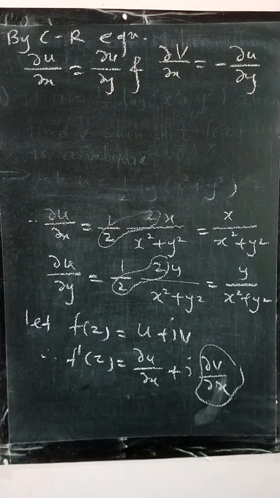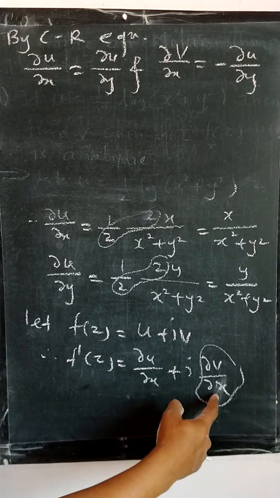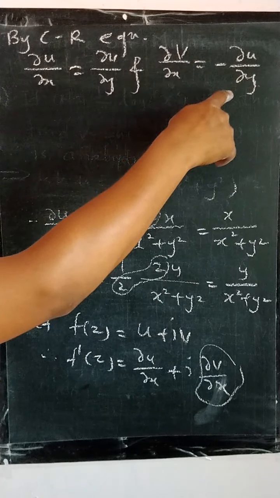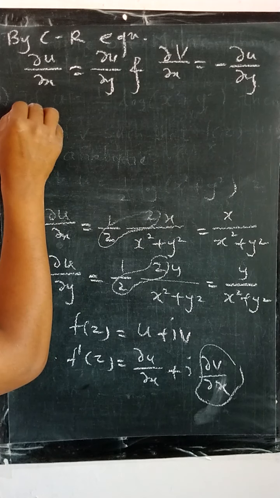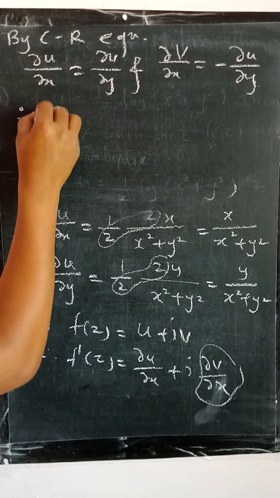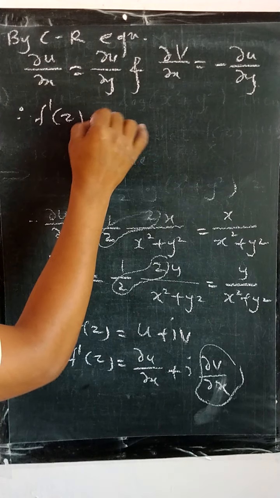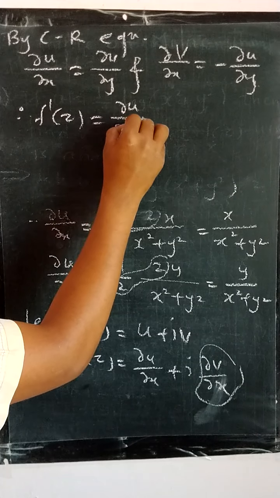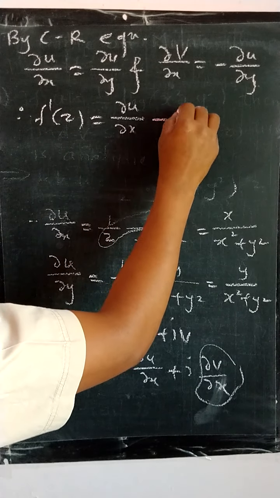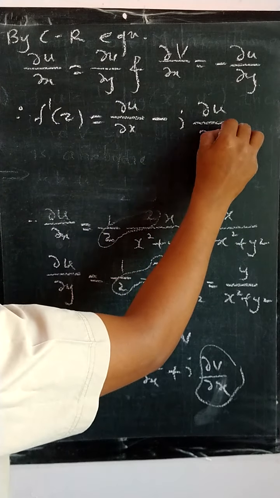So here I can write partial derivative of v with respect to x as minus partial derivative of u with respect to y. Therefore f dash of z becomes partial derivative of u with respect to x minus I times partial derivative of u with respect to y.